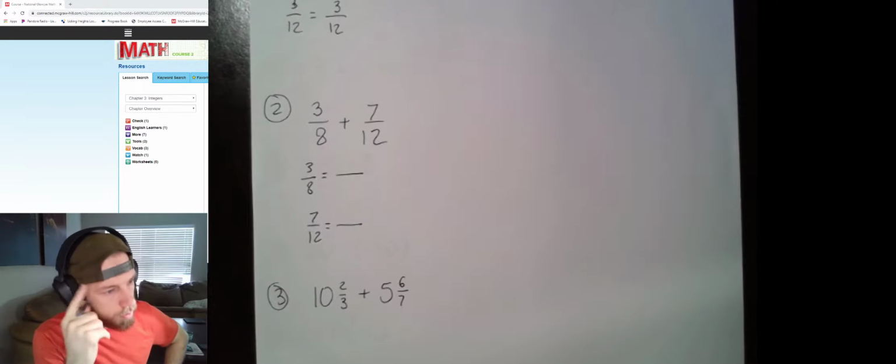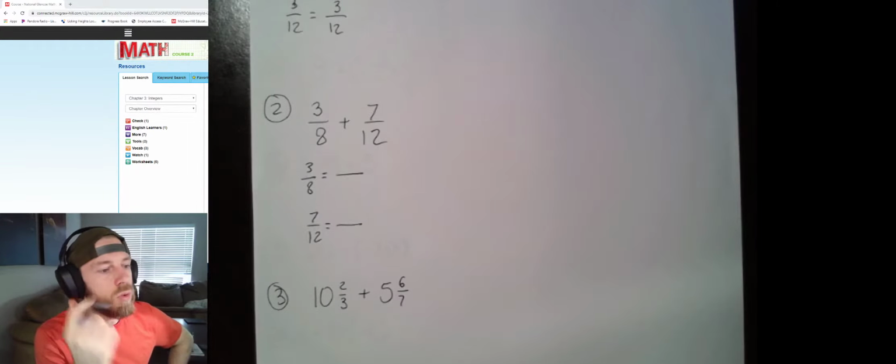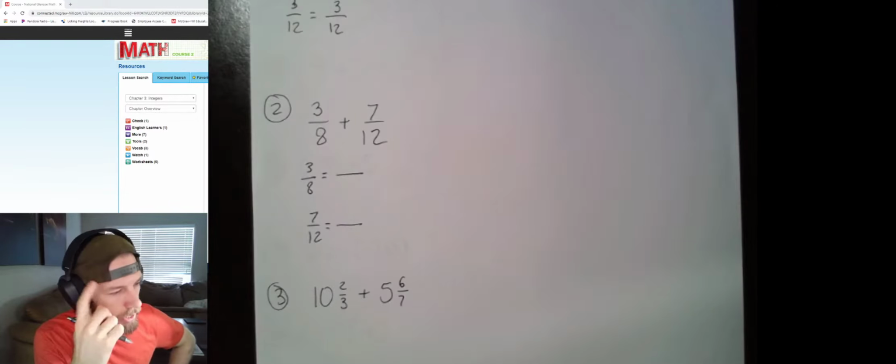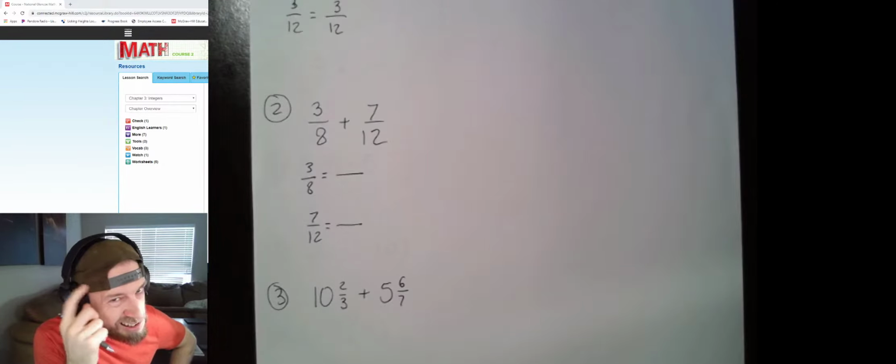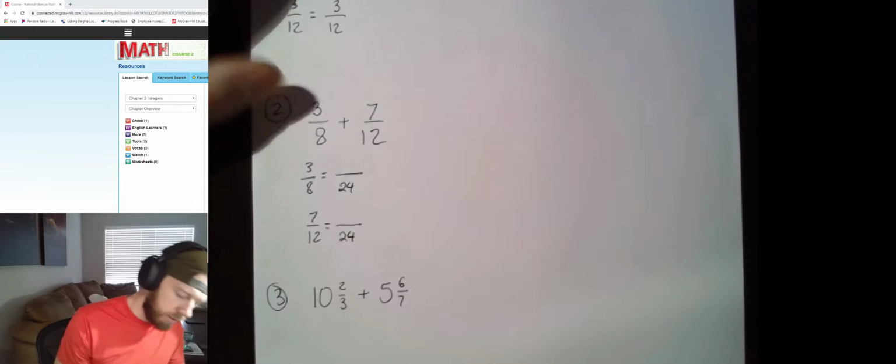If I were to skip count by 8 and 12, what's the first number I would say? Let's start with 12. 12, 24, 36, 48. Okay, let's try 8s. 8, 16, 24. They'll both go into 24, so that is the least common multiple, which is the least common denominator.